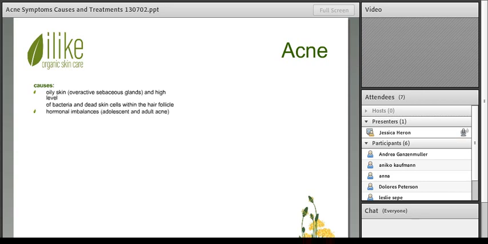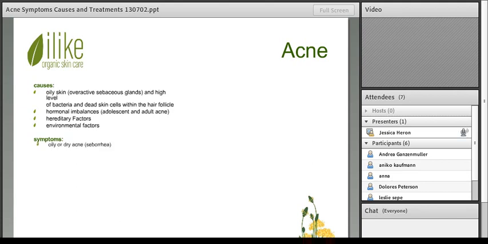That's overactive sebaceous glands and a high level of bacteria and dead skin cells within the hair follicle itself. That's where it begins. Hormonal imbalances, adolescent and adult acne. These are some of the causes that we're going to overview and detail a little later in the presentation. Hereditary factors: people who are predisposed to the condition. It's in the genetic makeup.